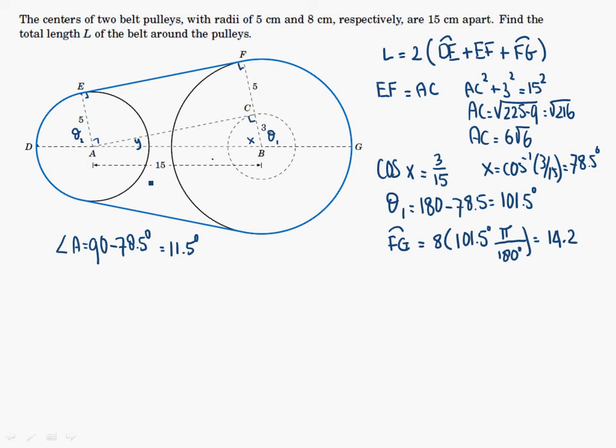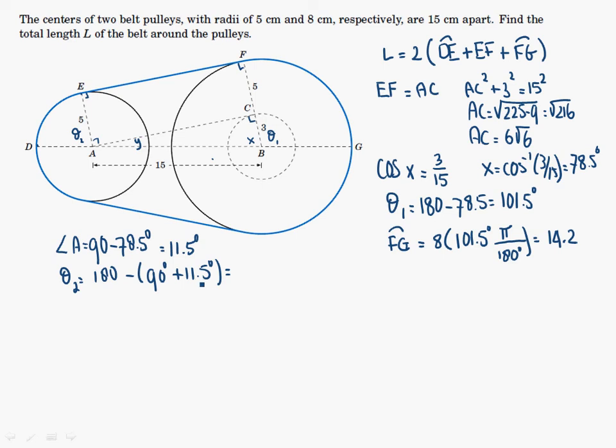That's one way to do it. You could have just used an inverse from this angle's perspective. From this angle's perspective, 3 over 15 is a sine. An inverse sine would have done the same thing. This is probably easier, right? You don't have to even really mess with anything tricky. And then angle theta 2 is 180 minus the 90-degree angle plus the 11 and a half.